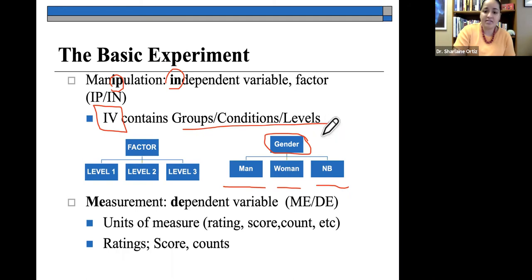So notice that this independent variable here had at least 3 levels, right? So we have 1, 2, and 3. I don't want you to think that one level is greater or better than the other. So for example, saying men is assigned a 1, woman is assigned a 2, and non-binary is assigned a 3 doesn't necessarily imply a sort of hierarchy.